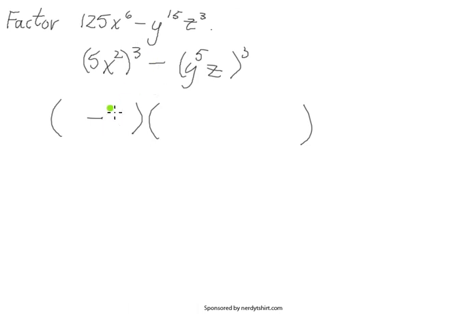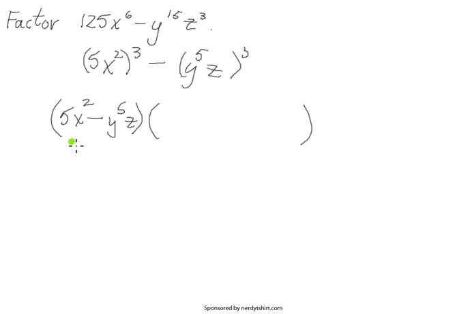So we've got a minus here, so that minus carries through to the binomial stage here, and the two things that bookend that sign are exactly the two things that are being perfectly cubed to get you the original cube terms in the initial statement of the problem. So those things were 5x squared and y to the 5th z. So the binomial factor in this factorization is 5x squared minus y to the 5th z.